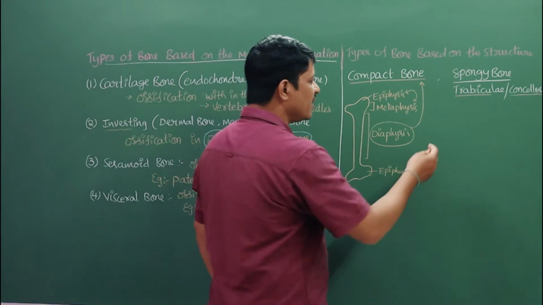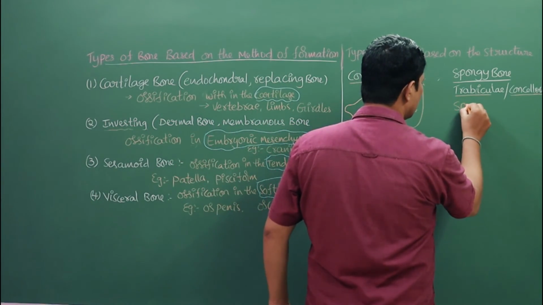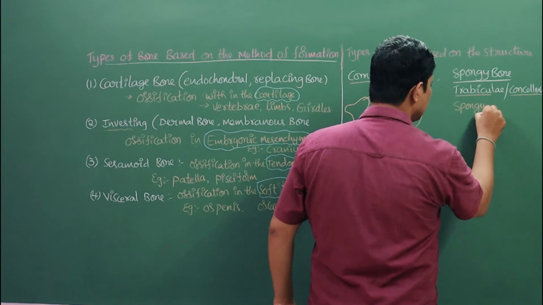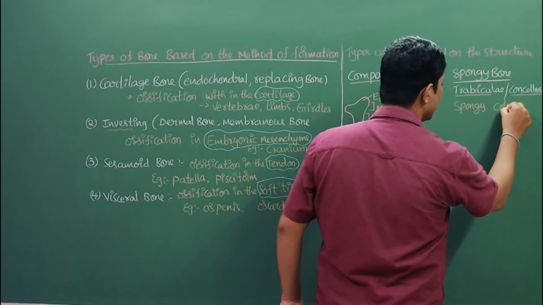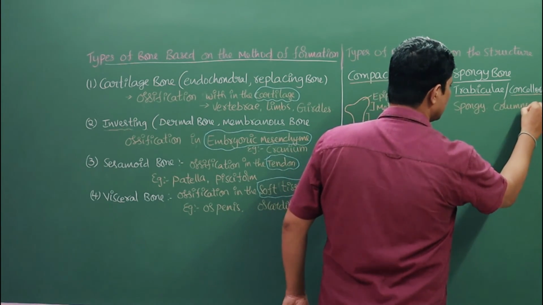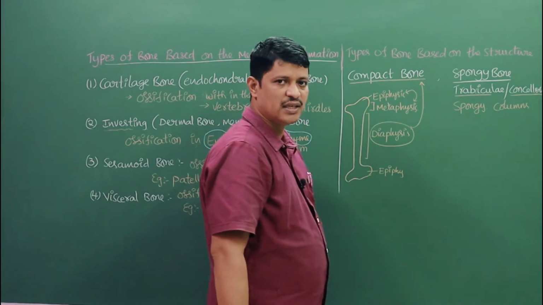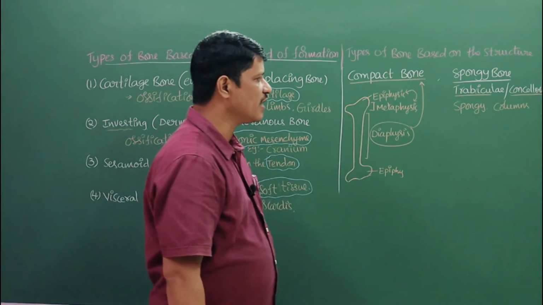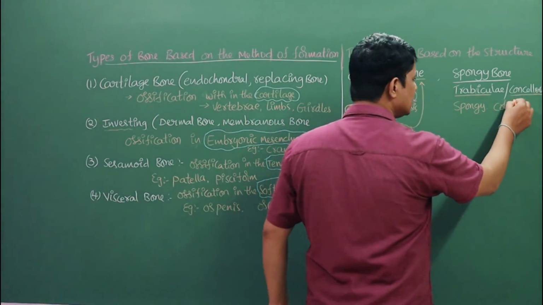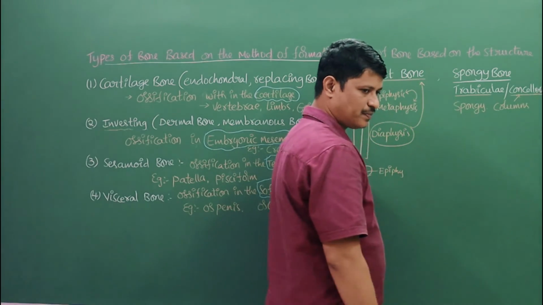Why is it called spongy bone? Because it looks spongy in nature with many columns, where the fibers are arranged like columns. Hence it is known as cancellous bone.